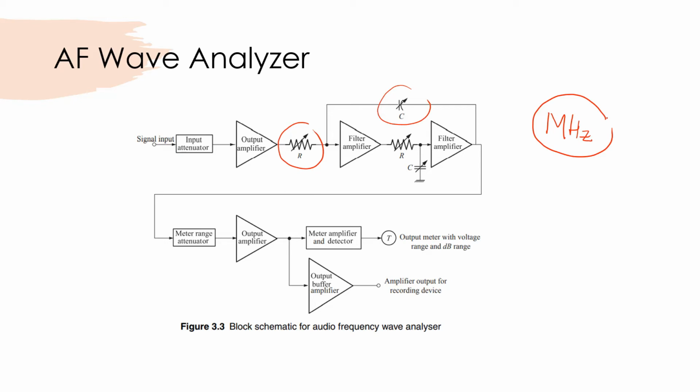The signal then comes to the filter amplifier, and after the second filter amplifier it comes to the meter range attenuator, then goes to the output amplifier, and after that we can see it in the meter amplifier and detector to see the analysis of the waveform. So the output of this wave analyzer from the meter analyzer we can check in the megahertz range.